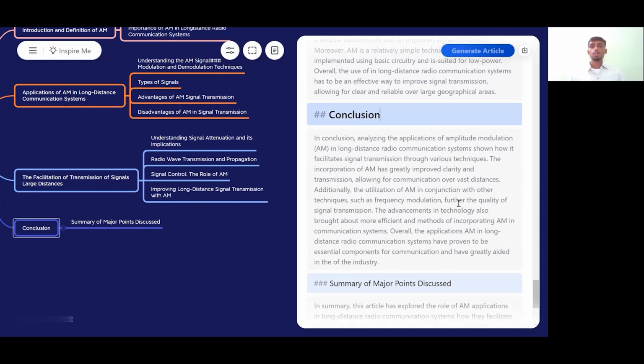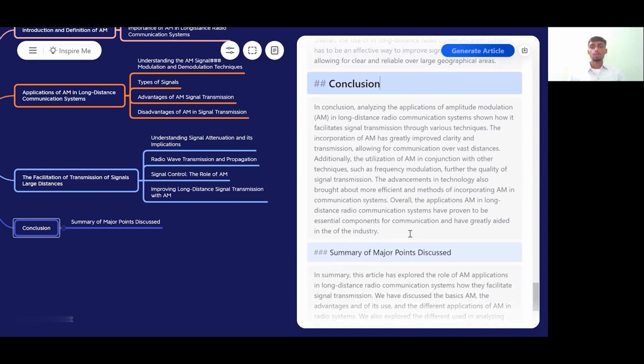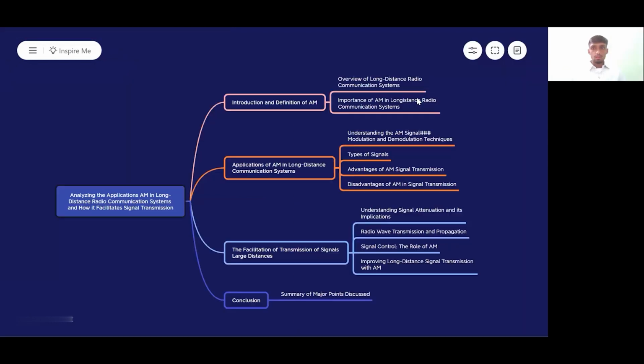Advancements in techniques have also brought about more efficient methods of incorporating AM in communication. Overall, the application of AM in long distance radio communication systems has proven to be an essential component for communication and has greatly added to the field.